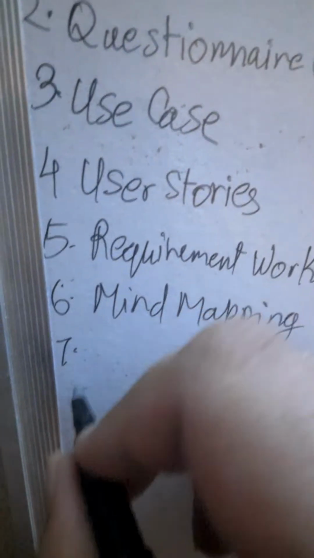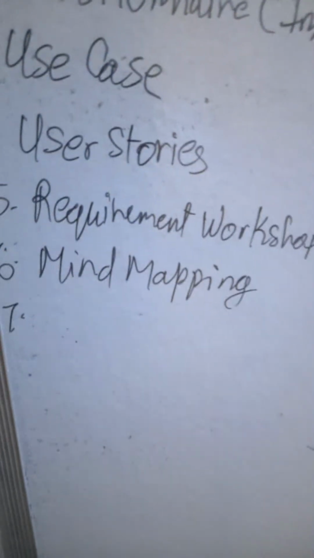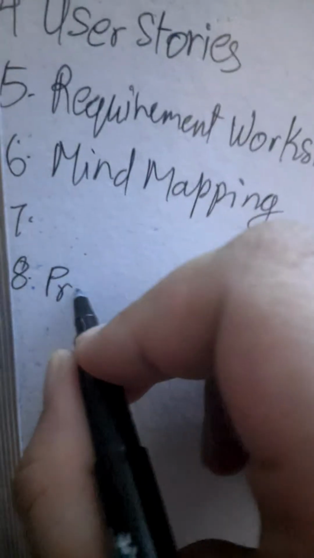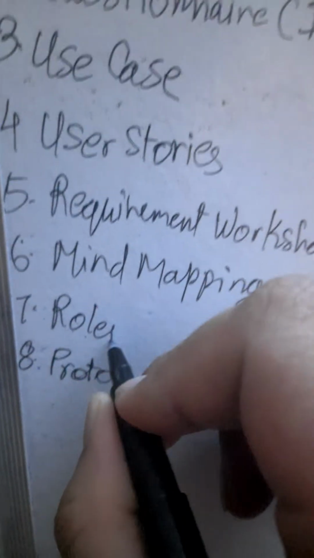Then wait a second. There are 8 stuff, I guess. 8th is prototyping, I feel. Yes, role playing.